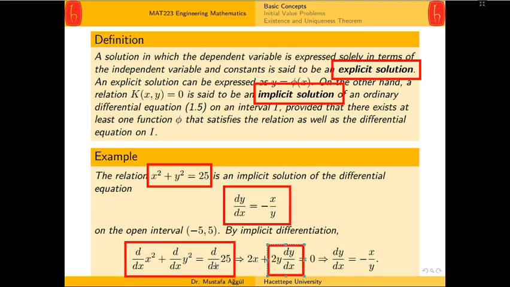You need to be familiar with implicit differentiation like this. This is the chain rule: 2y times dy/dx, and this is equal to 0 because the derivative of a constant is equal to 0. If we organize that and do some algebra, we'll see dy/dx is equal to negative x over y. So we started with this solution and we ended up with that. So this really is a solution.